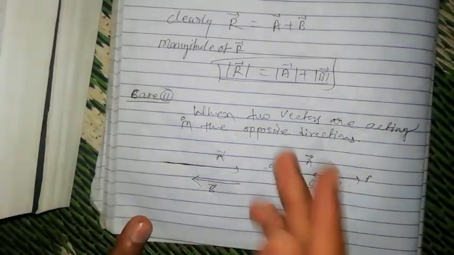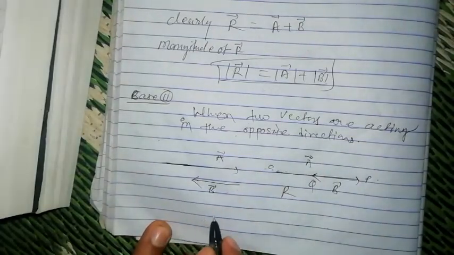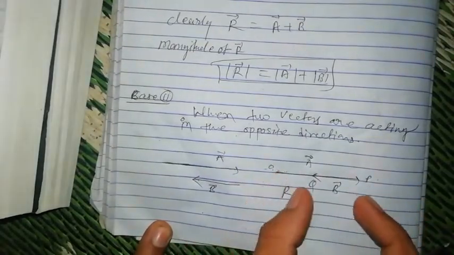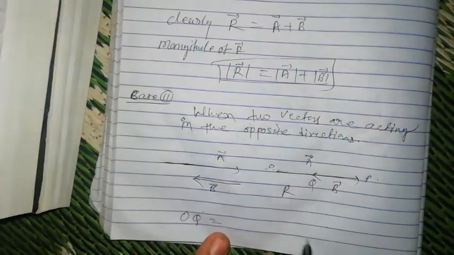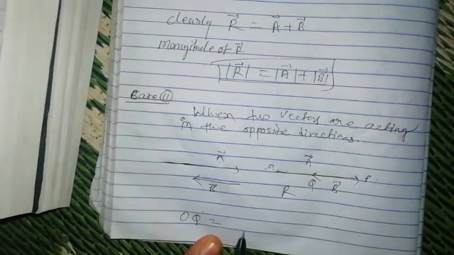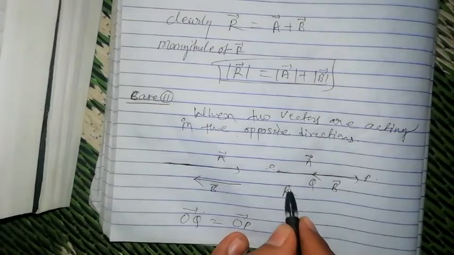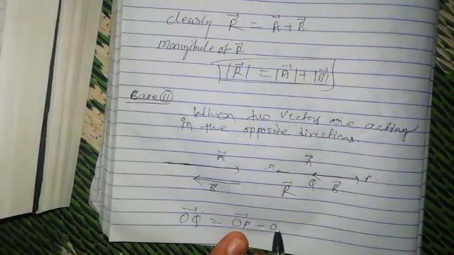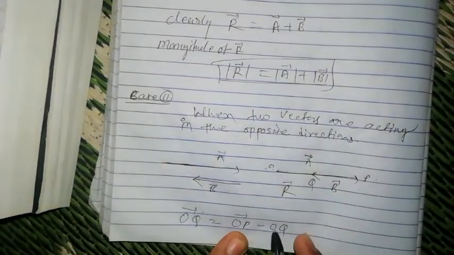Or we can write, in the opposite directions adding the two vectors, OQ is equal to OP minus PQ.